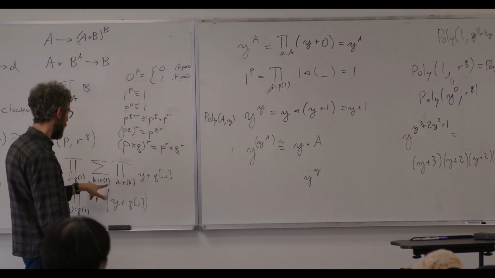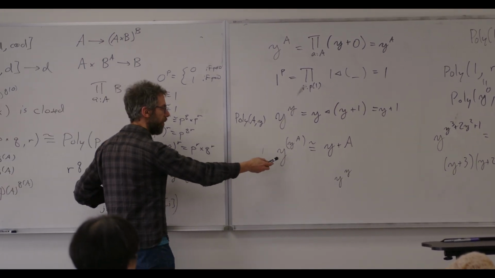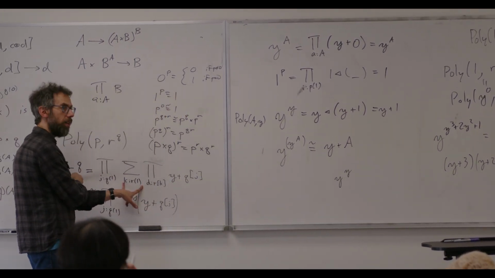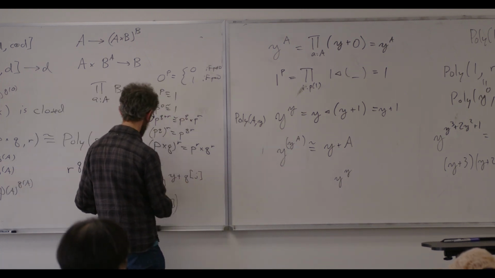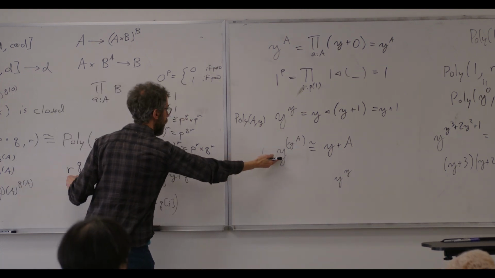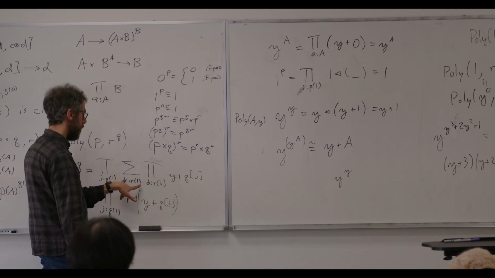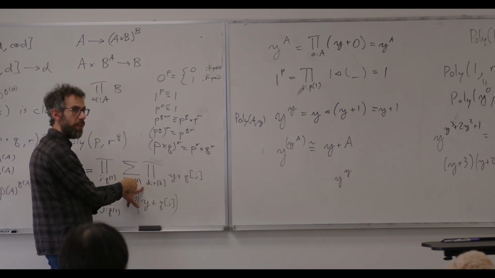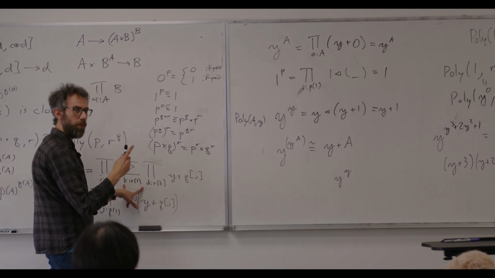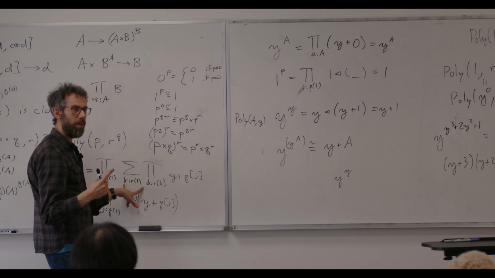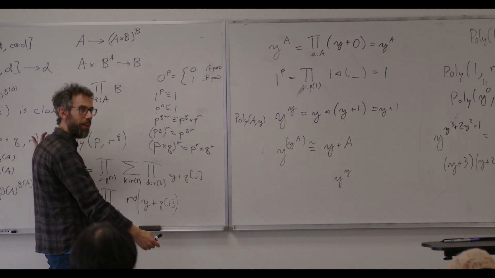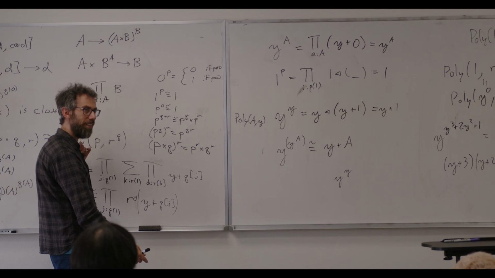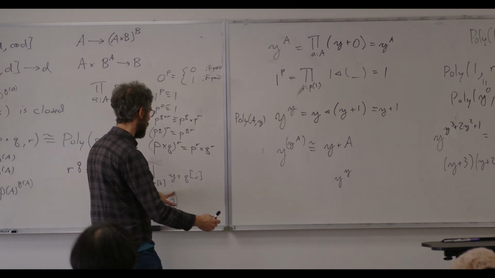Now I'm supposed to sum up over all the positions of this one, because that's R. But there's only one, so I'm going to do a one-area sum of some stuff. I can chuck that one. Agreed? Okay, so now I'm here.